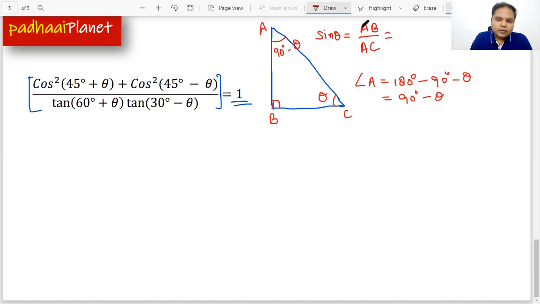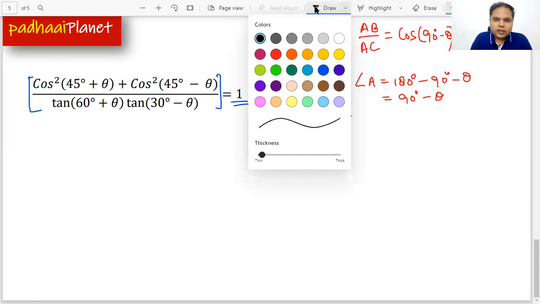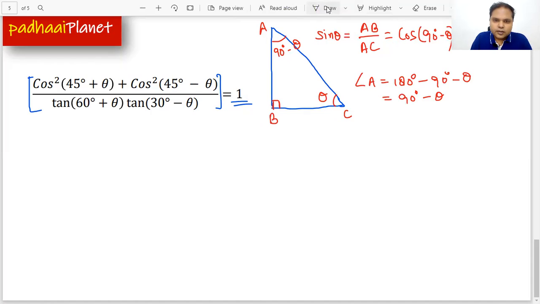If we carefully look at this AB over AC, this is nothing but cos 90 minus theta, right? This is an important relationship which we will be using, that sine theta is equal to cos 90 degree minus theta.